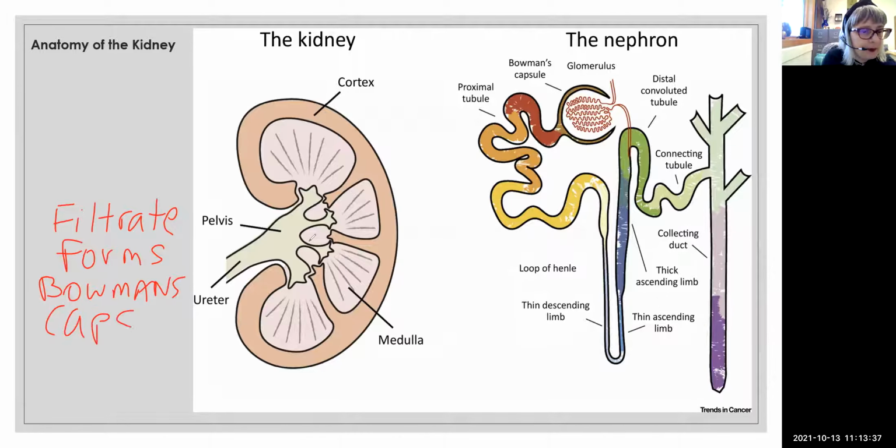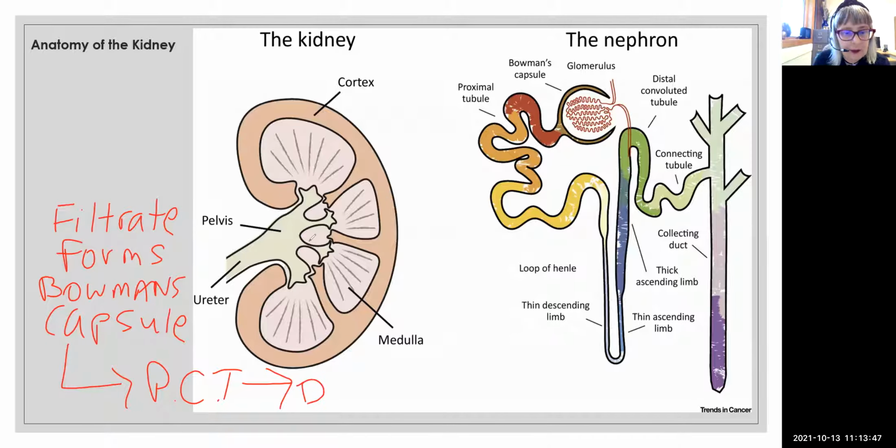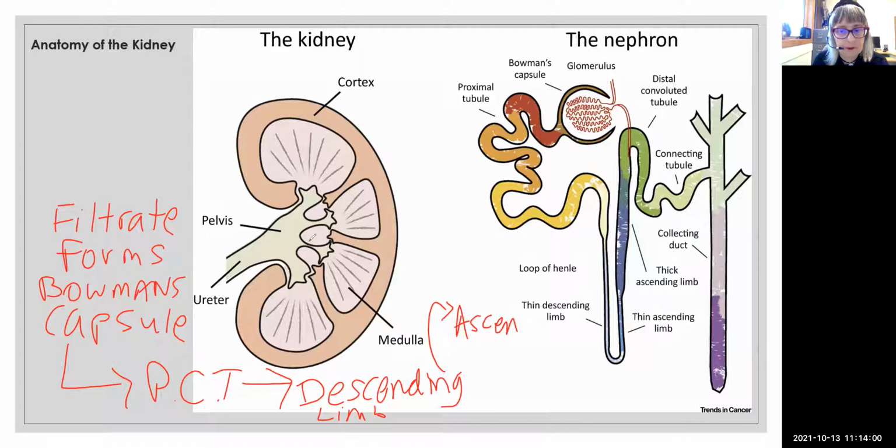From Bowman's capsule, it goes to the PCT, which then it goes to the descending loop, descending limb, ascending limb, and then that's the loop of Henle.